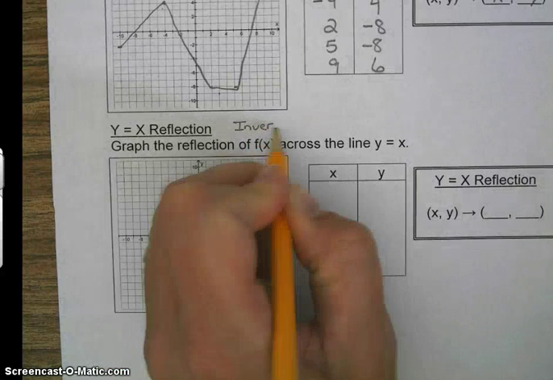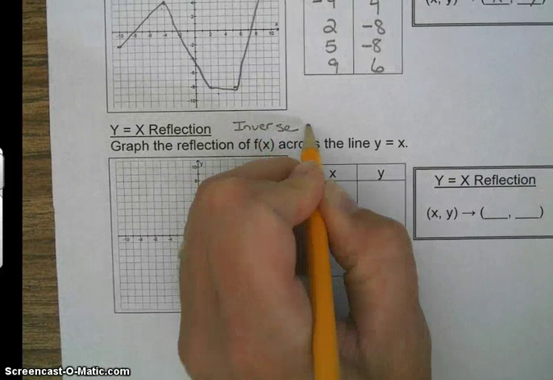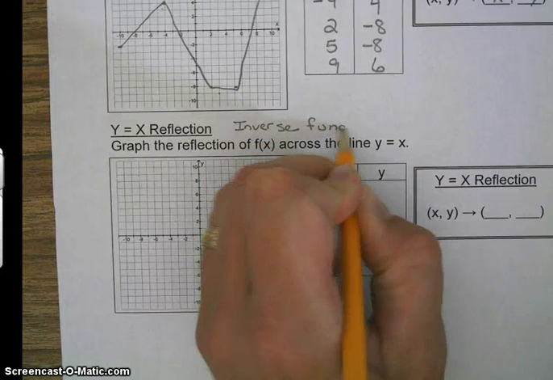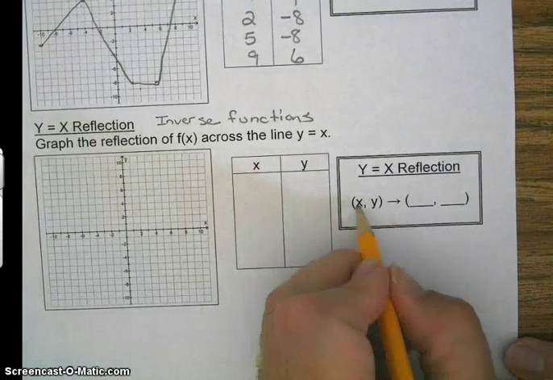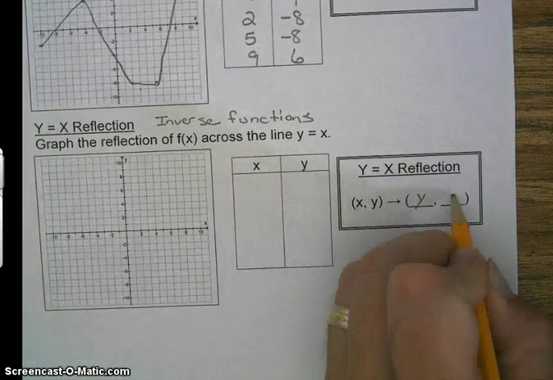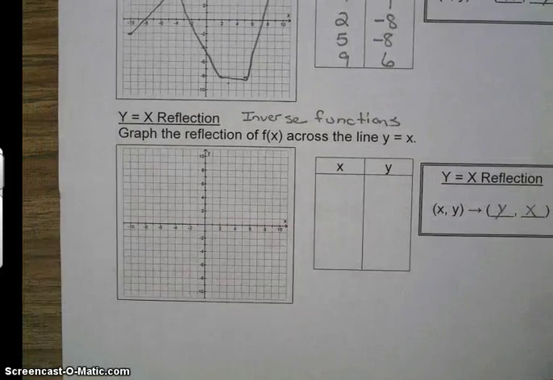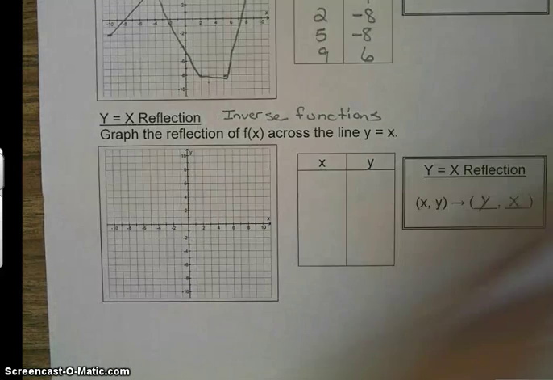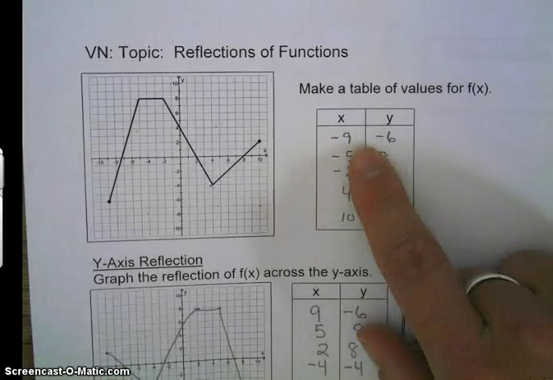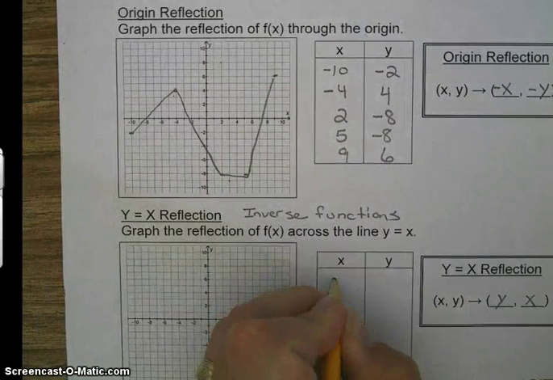And what do we do with x and y for inverse functions? We switch them. So x and y switch. Line of symmetry. So, going back to our original points, we're going to take our original points for our function and we're going to switch x and y.